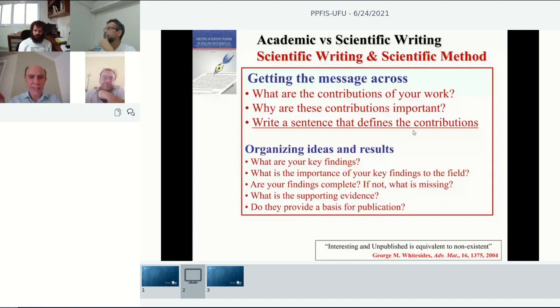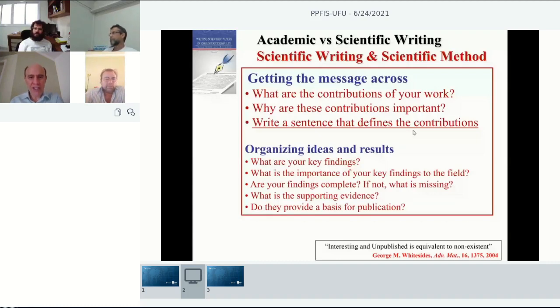So my point is, if a Nobel Prize, which can be given to 3 different scientists, can fit in one sentence, it is very unlikely that your work or my work or anybody's work for a paper will not fit in one single sentence. So we should always be able to write this sentence to define the contributions.